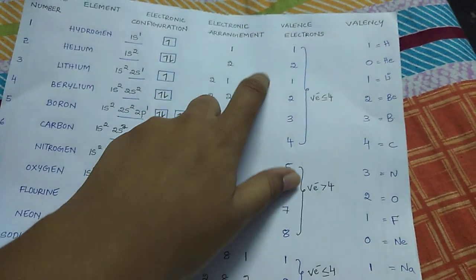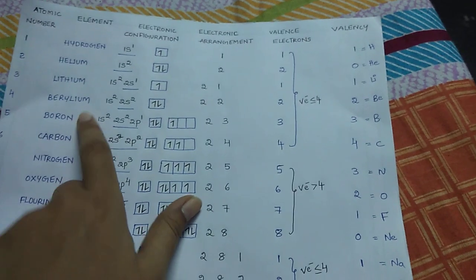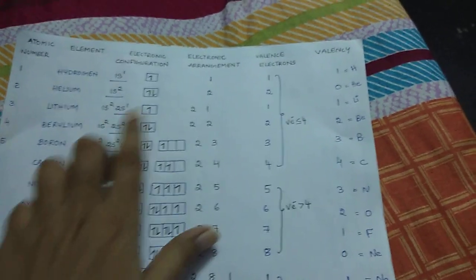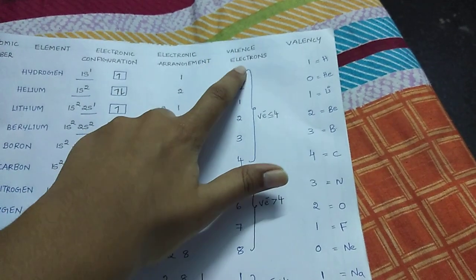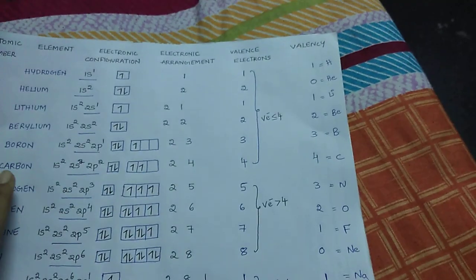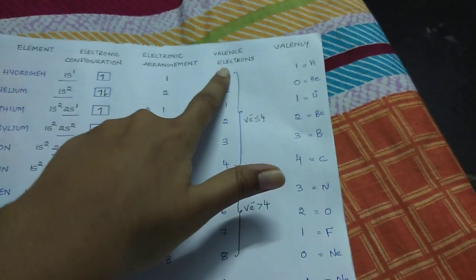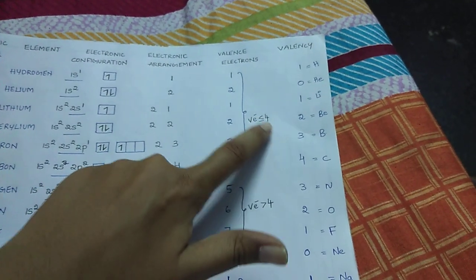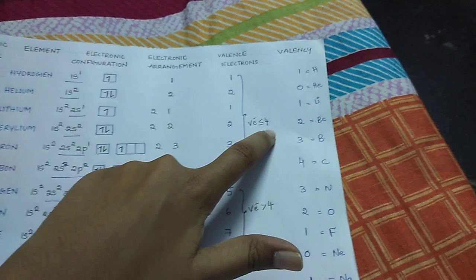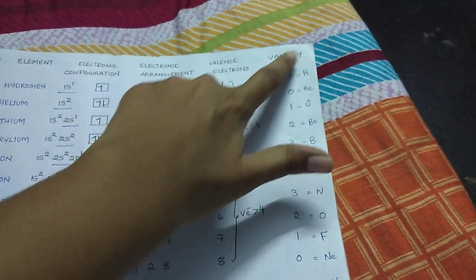Here you can see hydrogen, lithium, beryllium, boron, carbon. For hydrogen, lithium, beryllium and boron, the valence electrons are less than 4, and for carbon the valence electron count is exactly 4. So for all these elements the number of valence electrons is less than or equal to 4. That's why the number of valence electrons is equal to their valency.